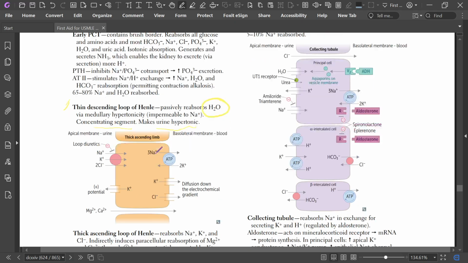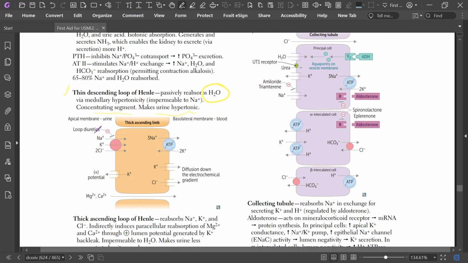Now the main part: the thick ascending limb of the loop of Henle reabsorbs sodium and potassium. It works via the sodium potassium 2 chloride channel, what I was talking about. This channel can be blocked by loop diuretics.